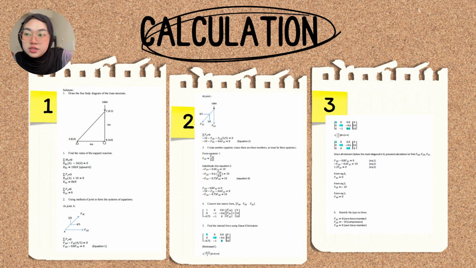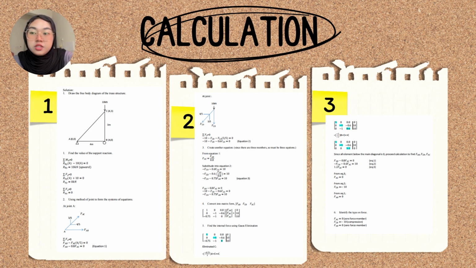The result is that RBY is 10 kilonewton outward, and RAY and RAX are 0, which means there is no reaction at both points.